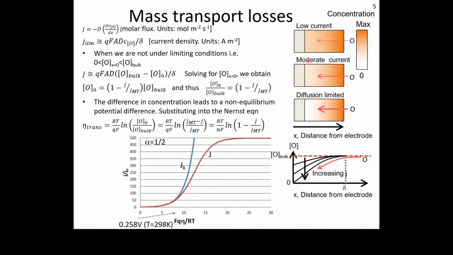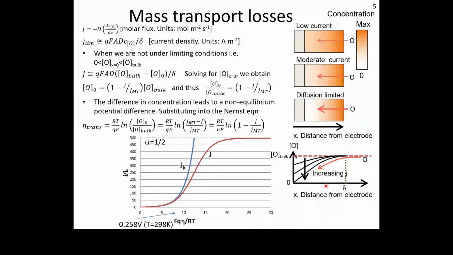And as we increase the current flowing through the system, increasing the amount of reduction occurring, we will consume more of that O at the surface until we get to the point at which all of the O which is diffusing to reach the surface actually reacts.